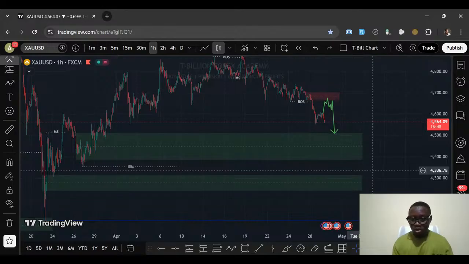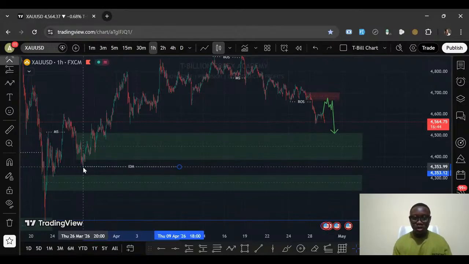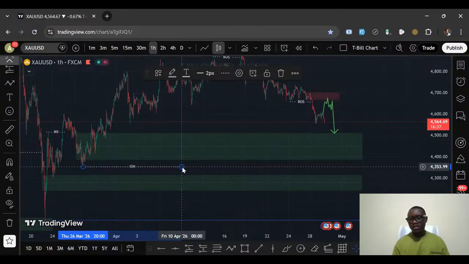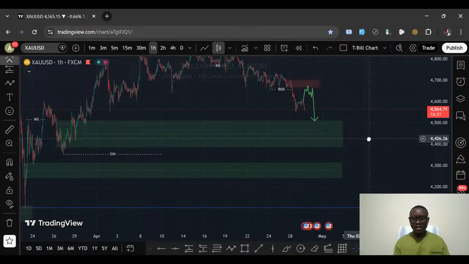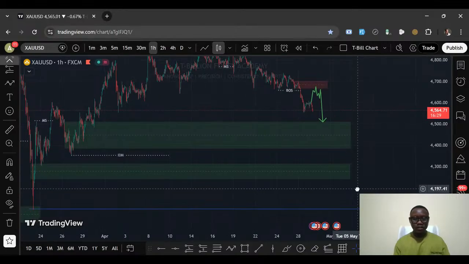Don't just go around your chart marking out POIs. Please take note of that. There are certain conditions that must be met in order for the zone to qualify as our POI. All right, so that is that. These are things we covered in our training.